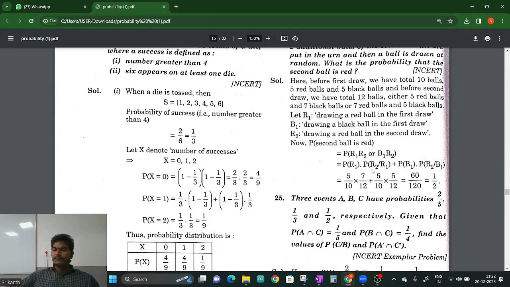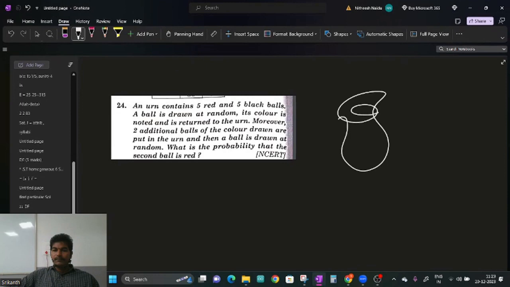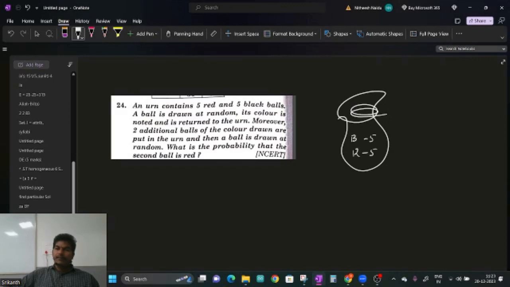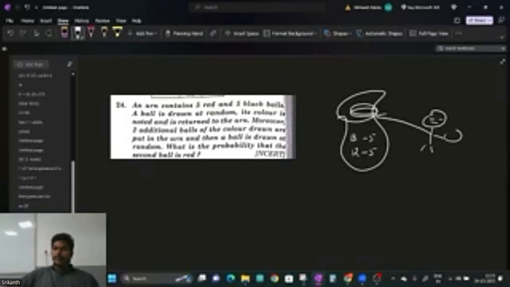Understood or not? Look at this urn. Black balls are 5, red balls are 5. A person takes a black ball in the first draw. So two more black balls are added, and he also replaced that ball.